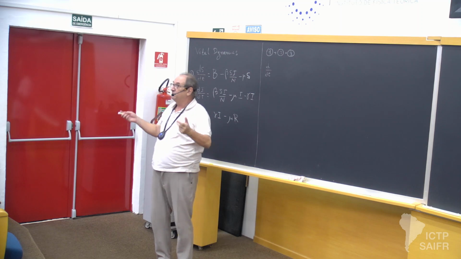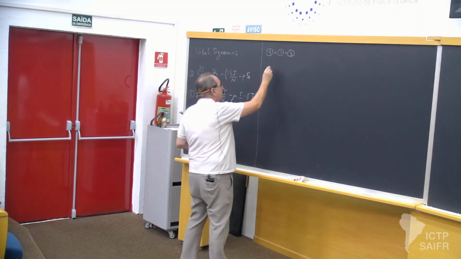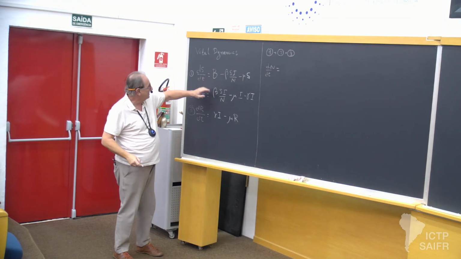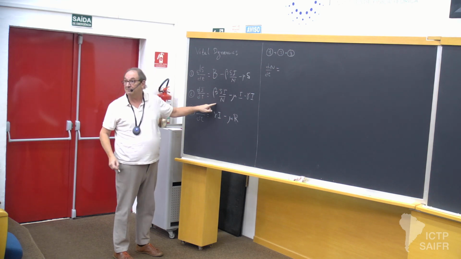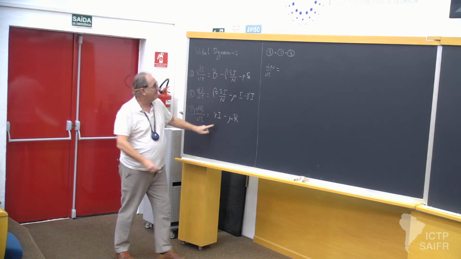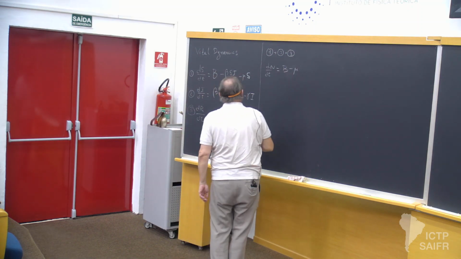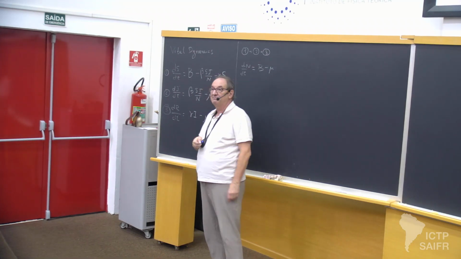But S plus I plus R is N. Okay? The total population. And when I sum this one with this one and this one, you see this one will cancel with that one, and this one here cancels with this one. Then we have only B minus mu times S plus I plus R, which is N.